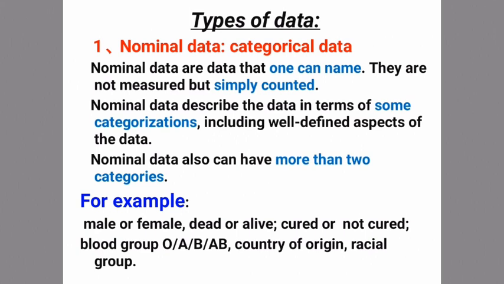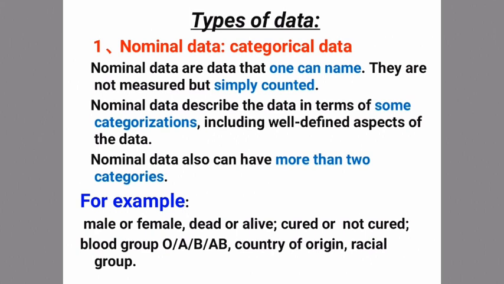Now, if I want to study the gender of your class, some students are male, some are female. For each student, either male or female, you don't have other choice. You can only choose one of those 2 categories.